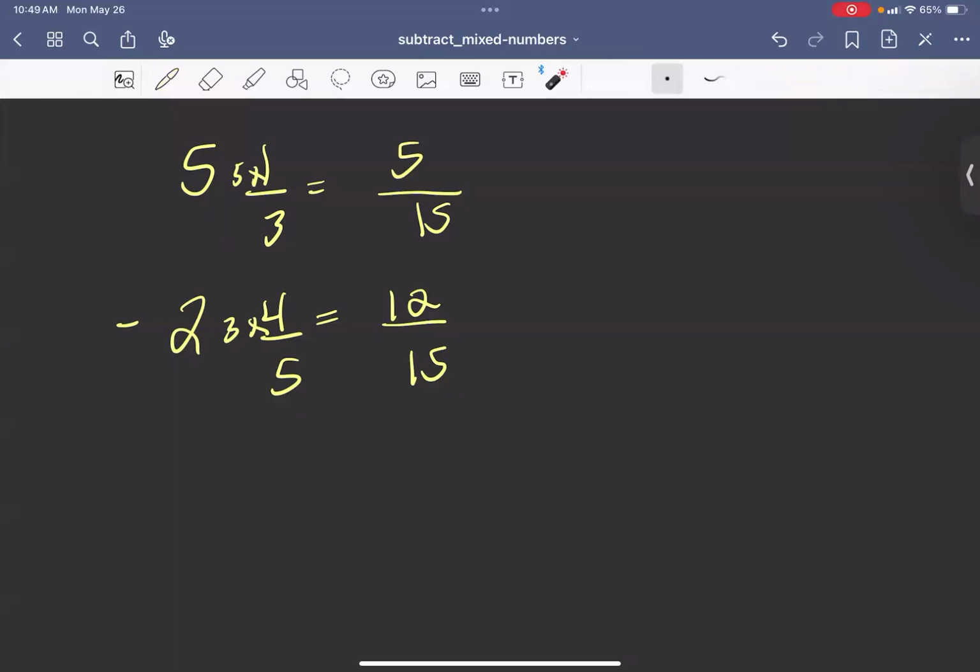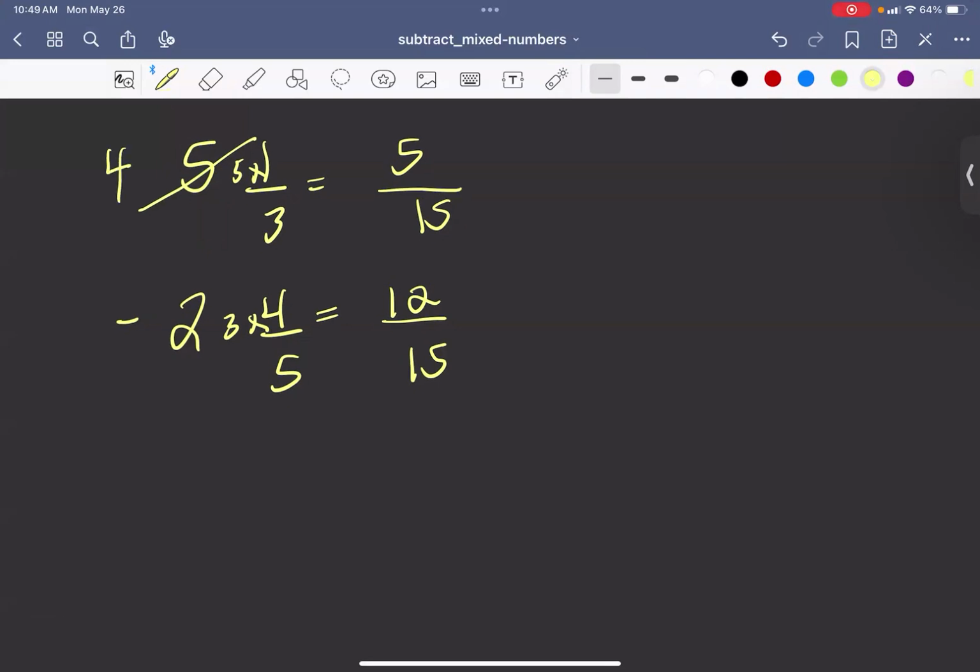So the denominators are the same, but the top fraction is smaller than the bottom fraction. So we can't subtract. We're going to have to borrow a whole from the 5. So I'm going to borrow 1 from the 5. The 5 is going to become a 4.